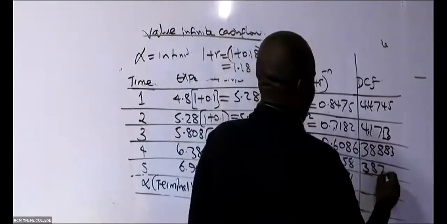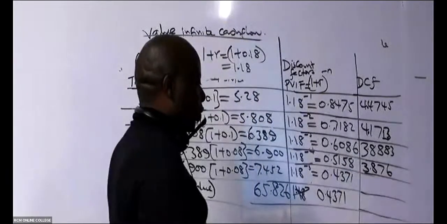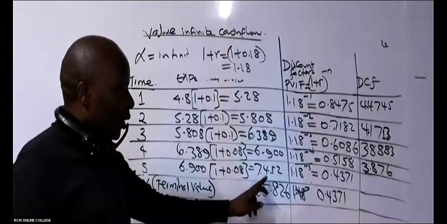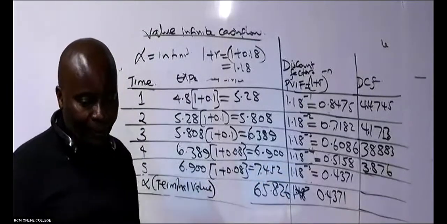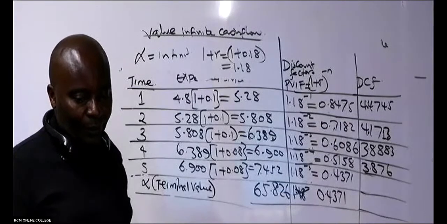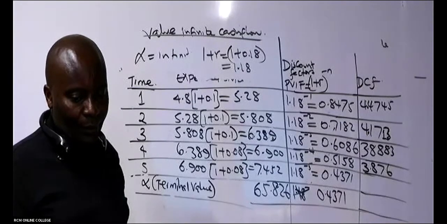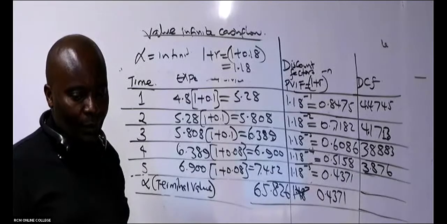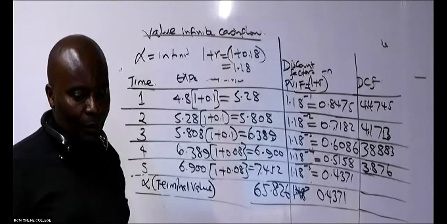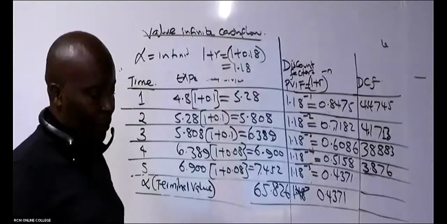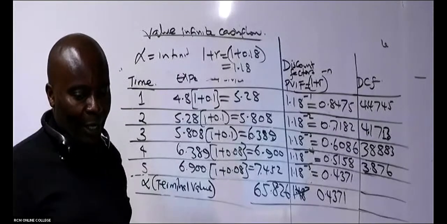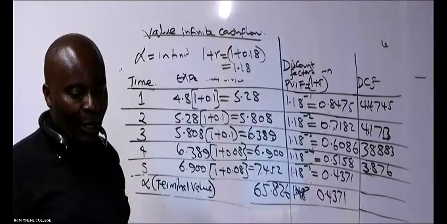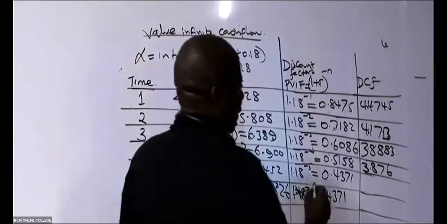Then 74.52 times 0.4371. I'm alone, but I'm overcoming. 32.57.